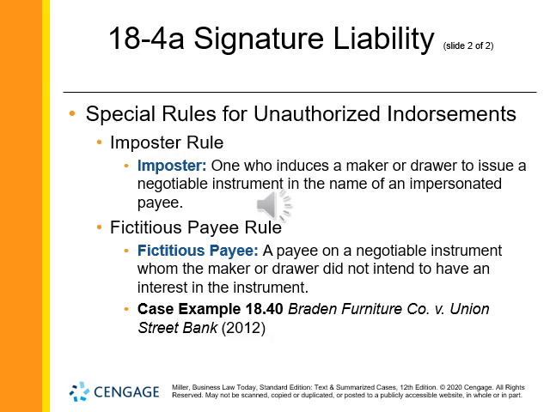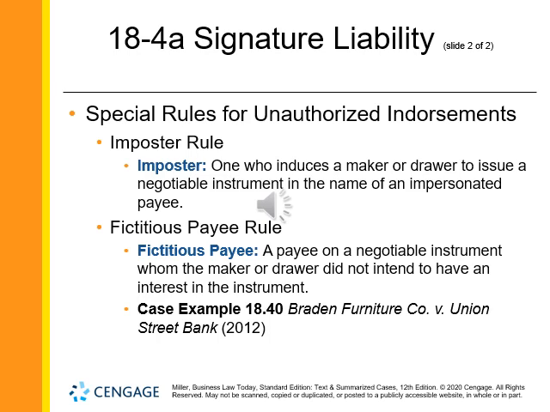The imposter rule. An imposter is one who, by use of the mails, telephone, or personal appearance, induces a maker or drawer to issue an instrument in the name of the imposter. Endorsements by imposters are not treated as being unauthorized. A fictitious payee.